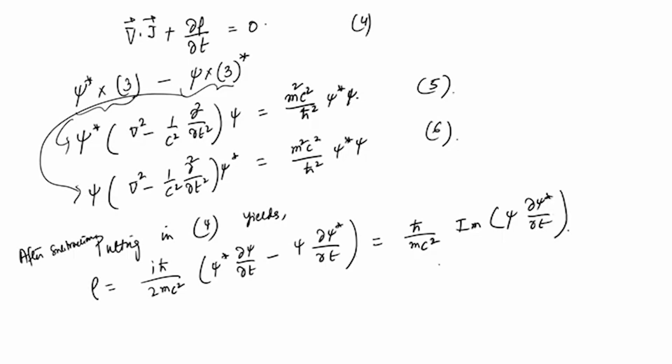This is the rho, a function of r and t, and let us call this equation 7. This is the probability density, and the probability current density j, again a function of r and t, can be written as minus i h cross by 2 m, psi star del psi minus psi del psi star. That is the same definition that we have seen for the non-relativistic case, and let us call this equation 8.